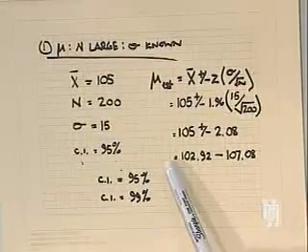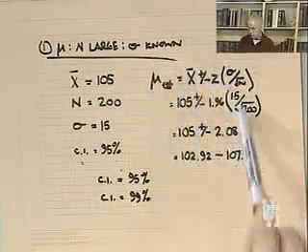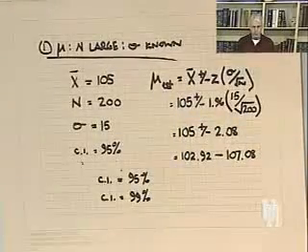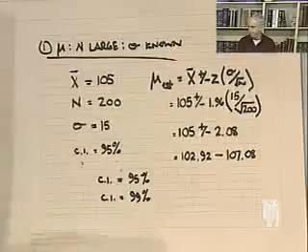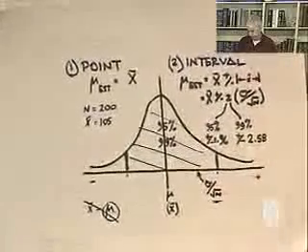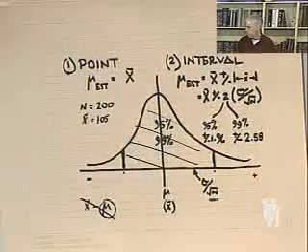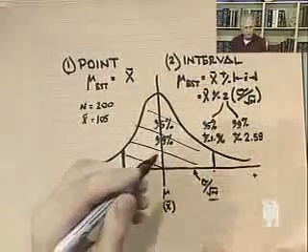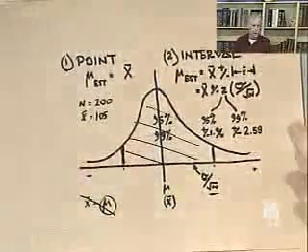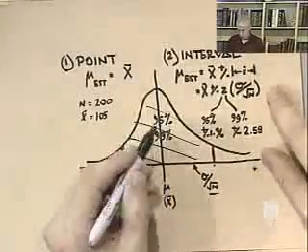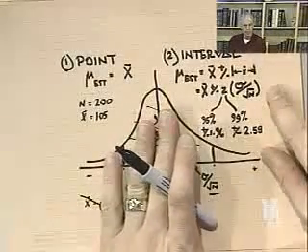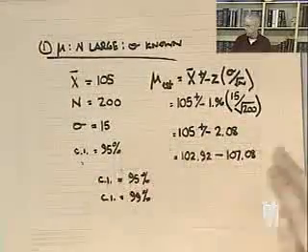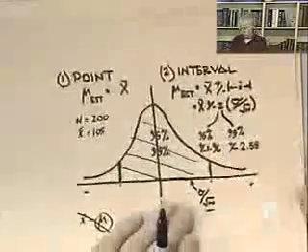What proportion of all scores in this distribution are below 102.92? Is it 2.5%? It would be 2.5% because we have isolated 95% of all of the scores. We generated a 95% confidence interval.